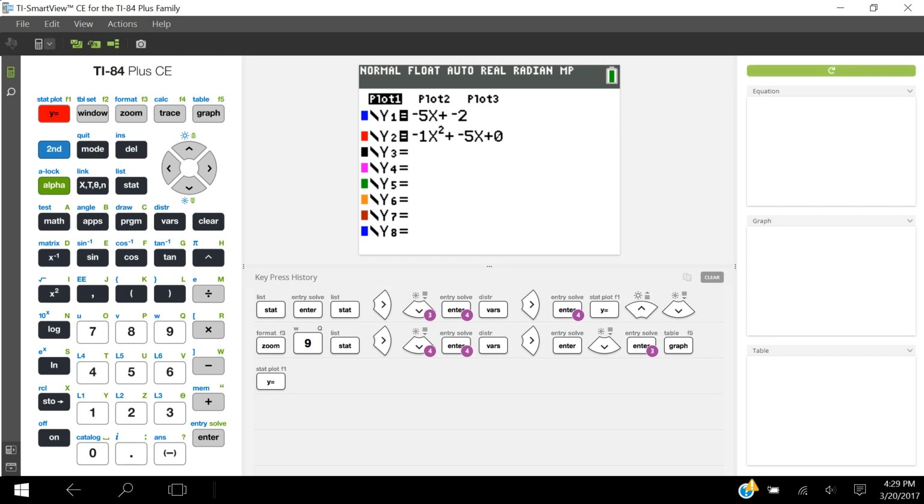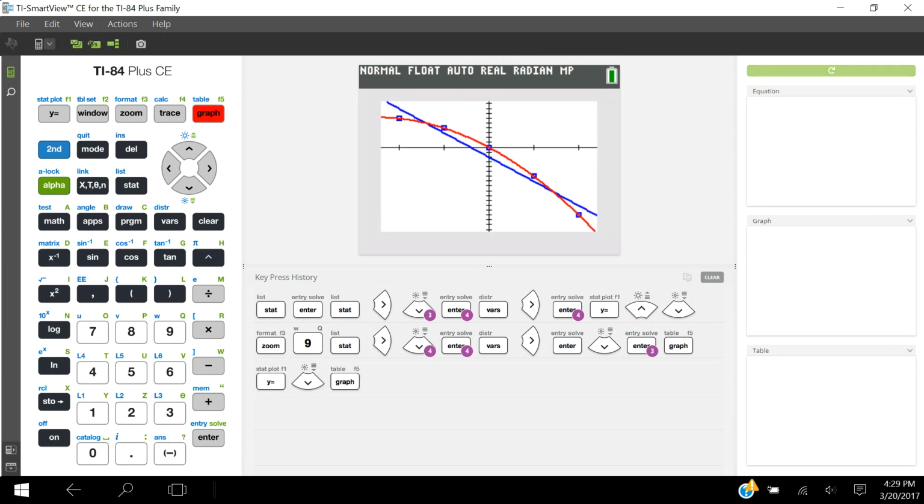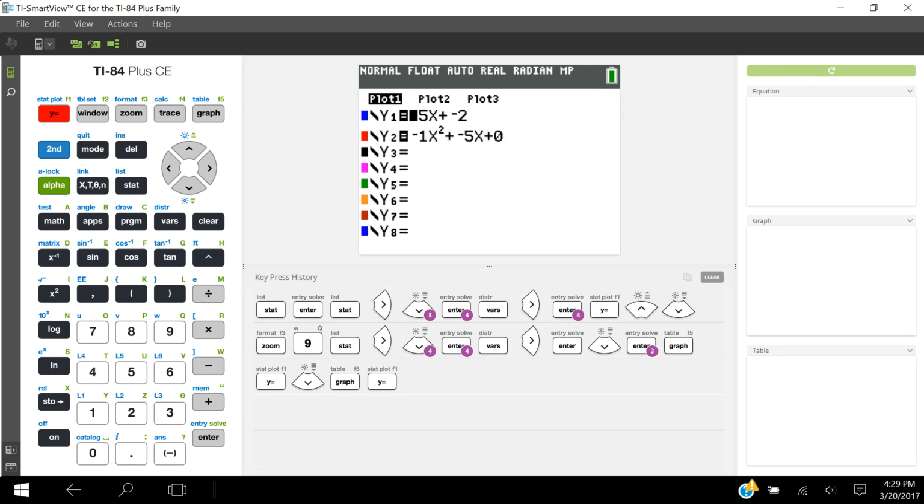I would write down y2, -1x squared plus -5x plus 0 as my equation, because that seems to be a way better fit. So I have a line of best fit, which happens to be my parabola, a quadratic, and I have the formula or the equation because it's already in y2.